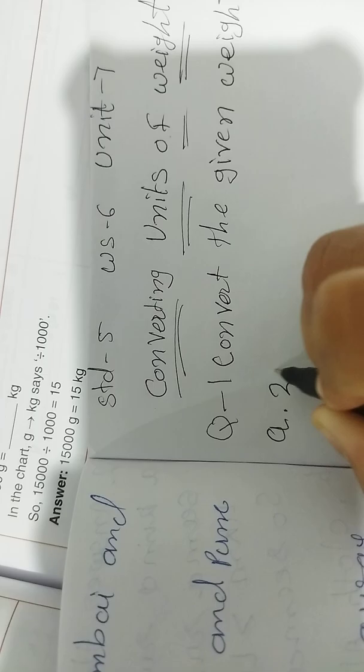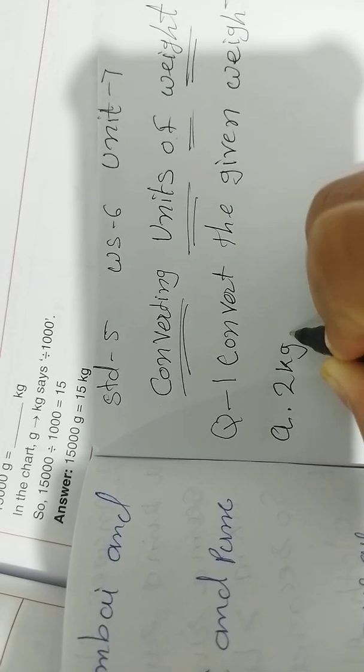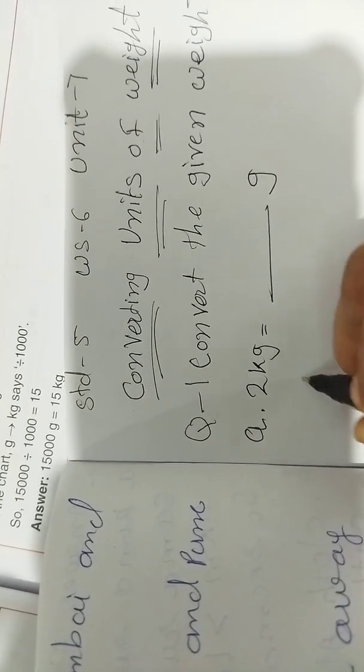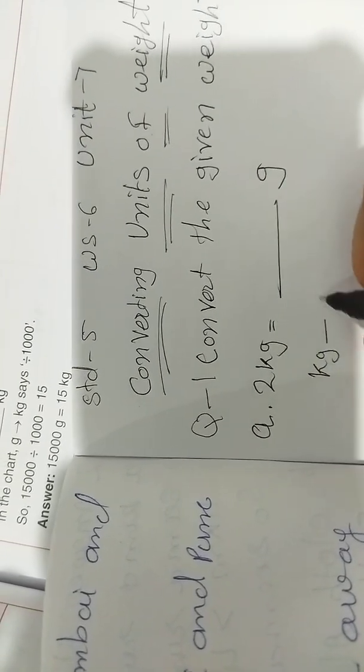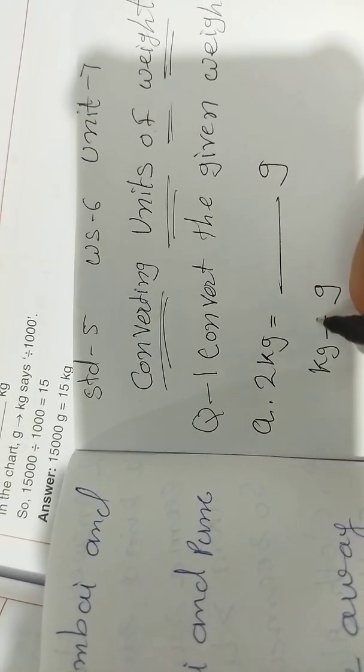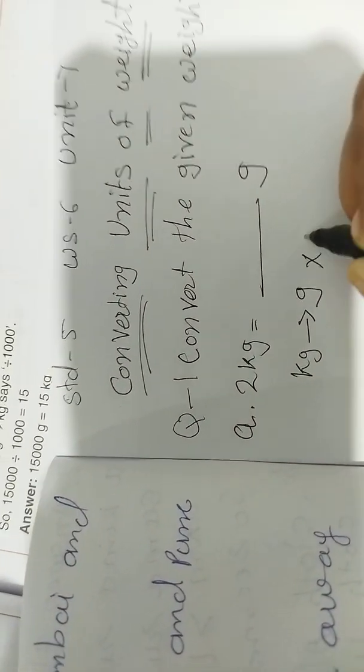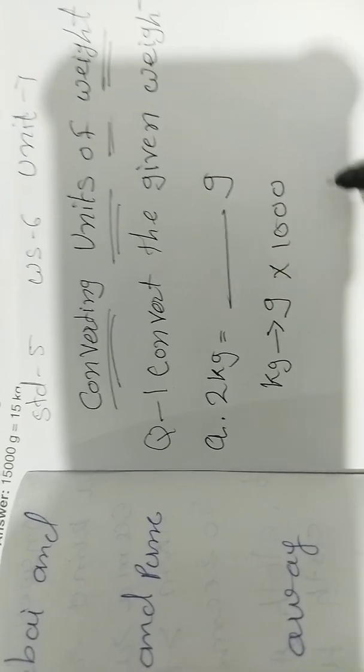The first one is 2 kg is equal to dash grams. So we have to convert kg into grams, so here we have to multiply by 1000.